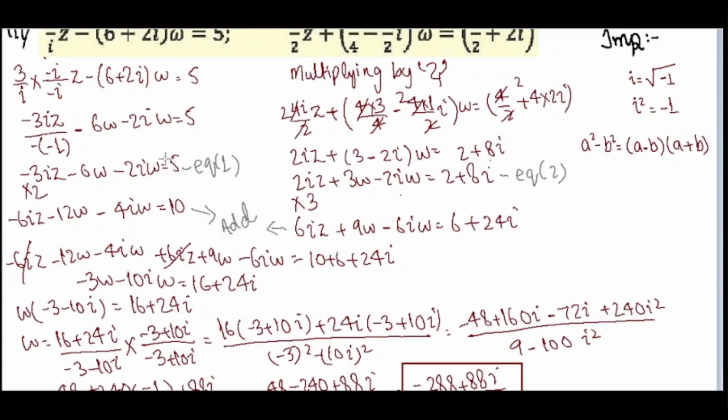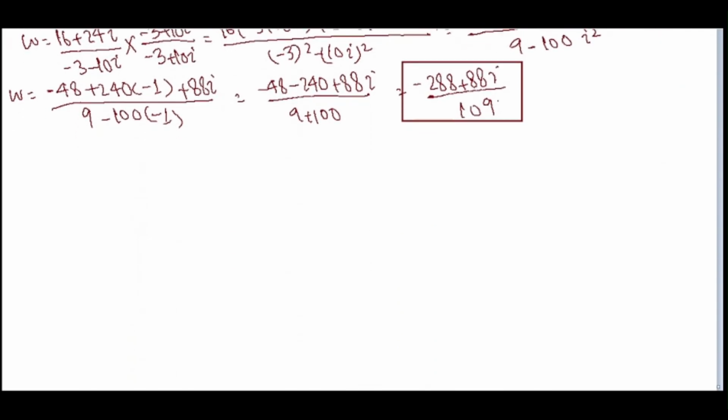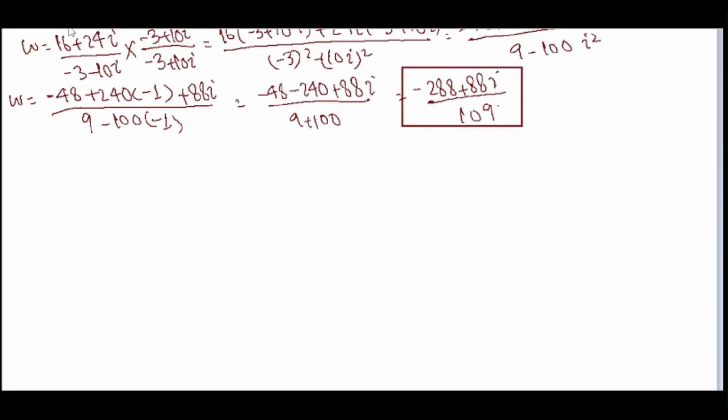So equation 1 is easier, which is minus 3 iota z minus 6w minus 2 iota w equals 5. So we are going to write it down over here. We get minus 3 iota z minus 6w minus 2 iota w equals 5.